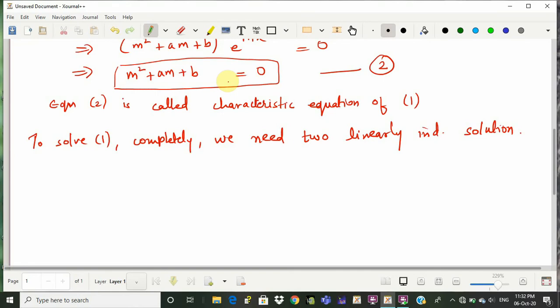First, those 2 roots are real and distinct. Second, the root can be repeated. Now if this left hand side is a square of any factor, in that case the root is repeating twice. And third case, the roots are complex conjugate.